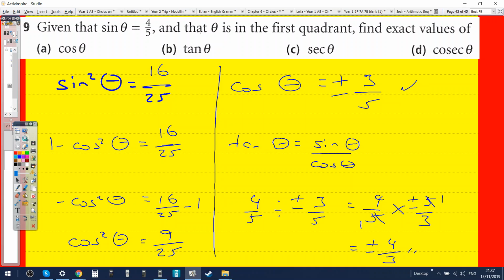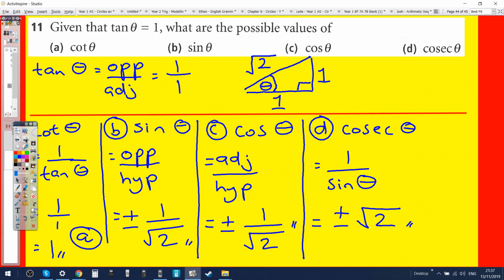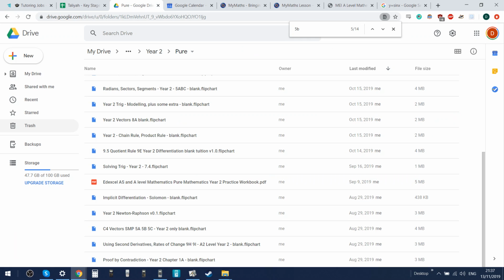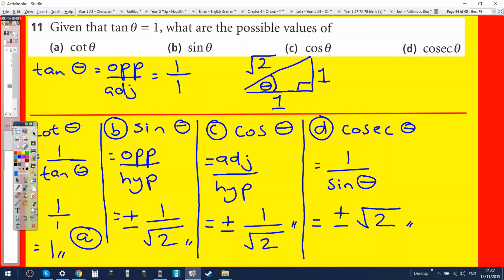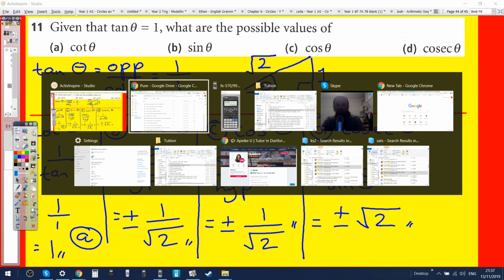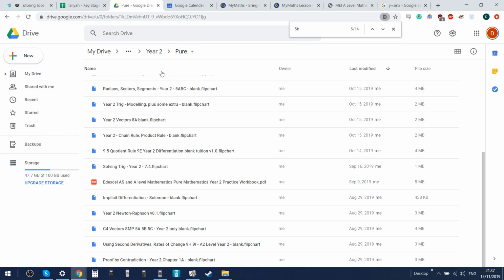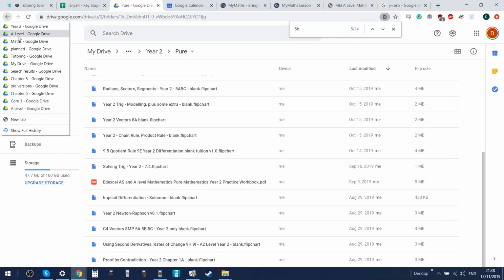And then you can just reciprocate them for the rest. So that one was plus or minus 5 over 3. And then the last one was just positive 5 over 4. So that's the other way, using the identity of sine squared plus cos squared. Both methods work identically. So there's nothing more you need to do with it.